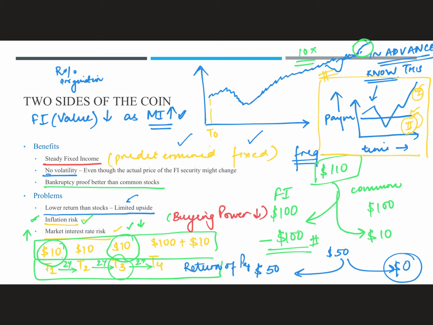Hence, your supply remains the same, but the demand for the security reduces. Demand reduces. Hence, the price of the security reduces.